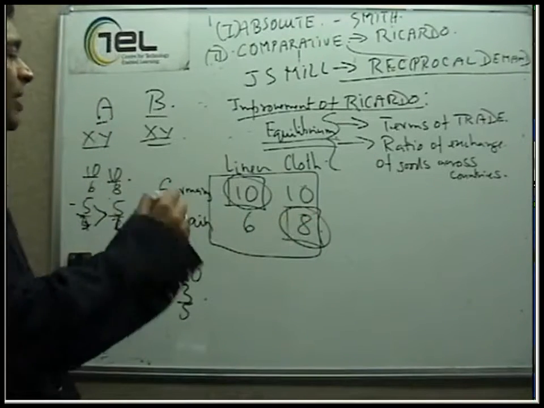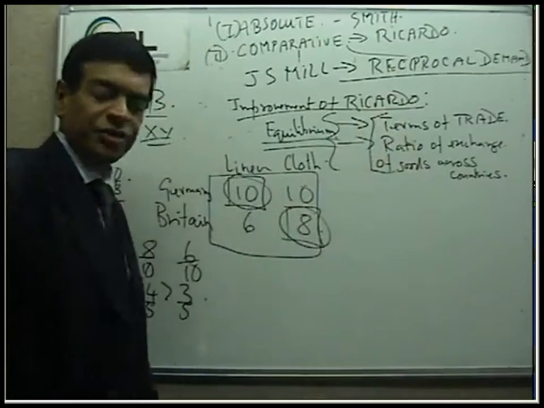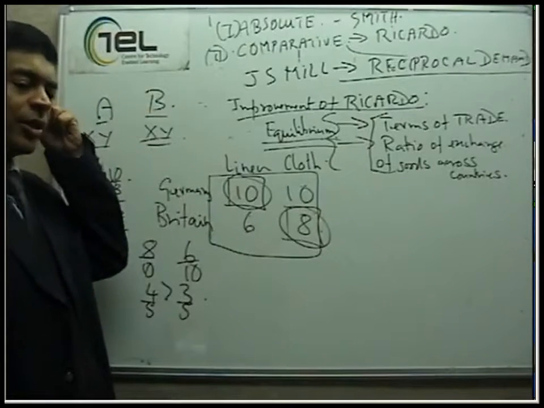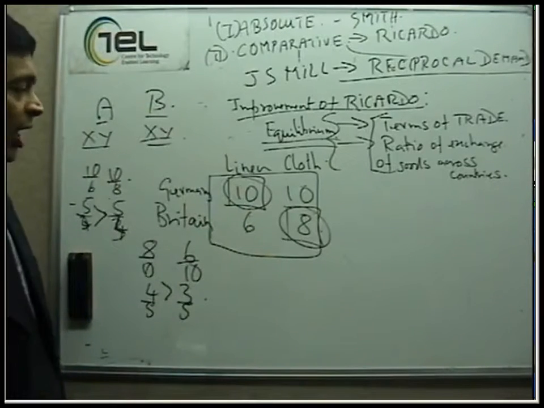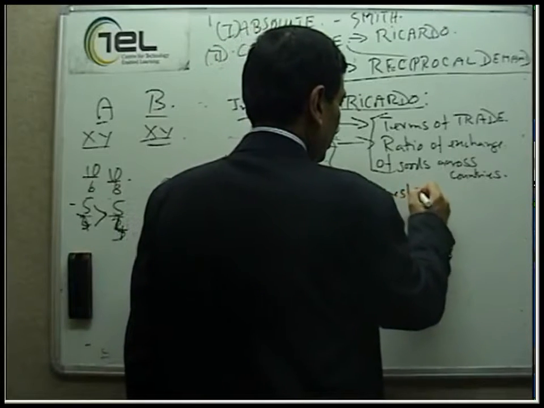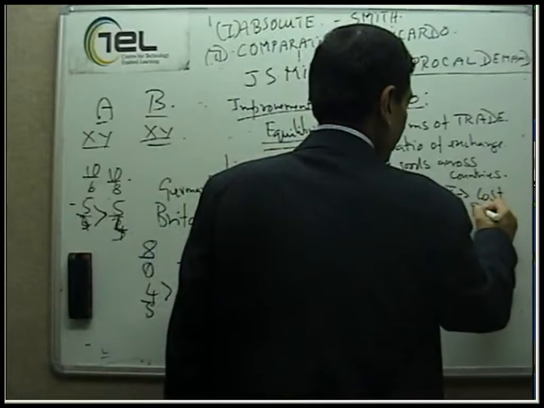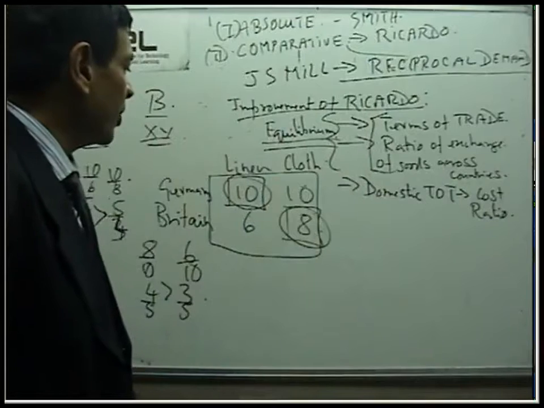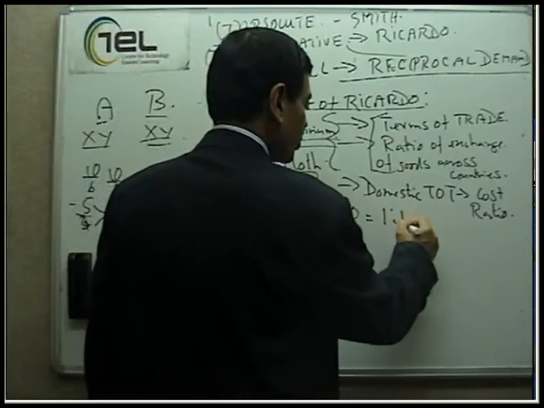Now this is the basic idea, but Ricardo doesn't say the terms of trade or the ratio of exchange. And this is where J.S. Mill, in his concept of reciprocal demand, found a solution. Now if you look at the domestic terms of trade, or the domestic cost ratio, in the case of Germany it is 10 by 10, which is equal to 1:1.